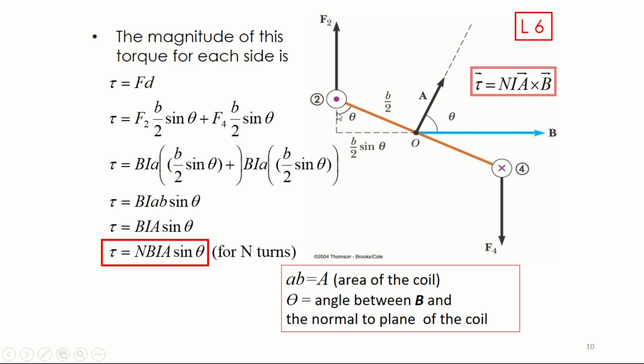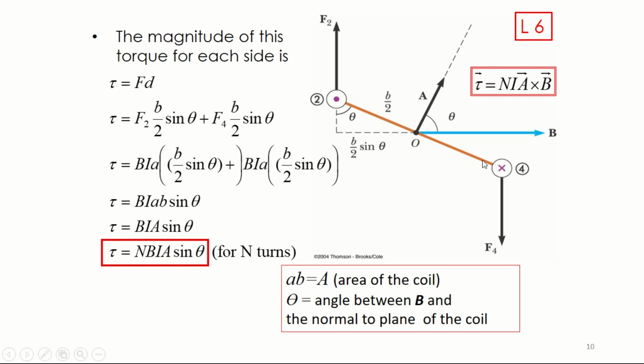If you use Fd, the angle between F and d is 90 degrees. So this one is d from the axis of rotation. Here is half of b, b per 2, so d equals b/2 sine theta. So torque equals Fd, which equals F2 times b/2 sine theta.